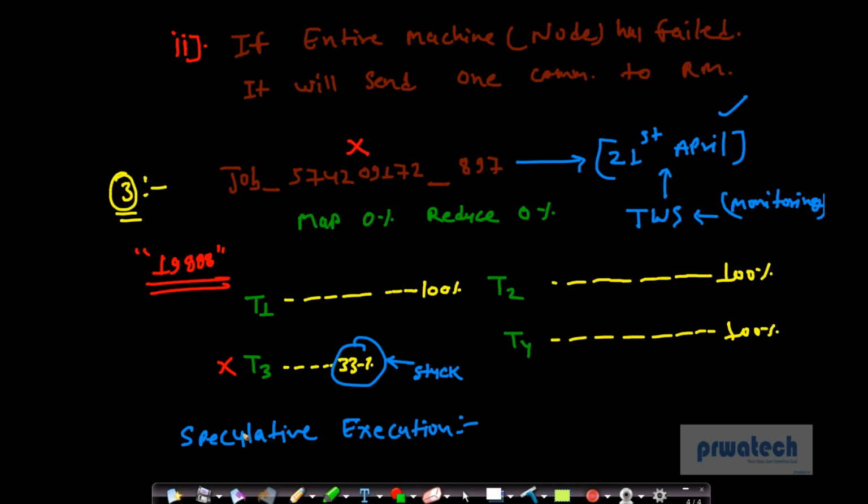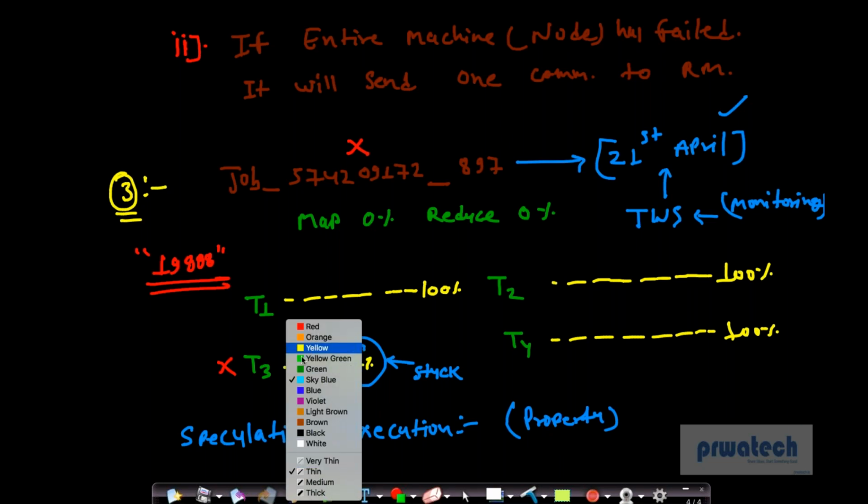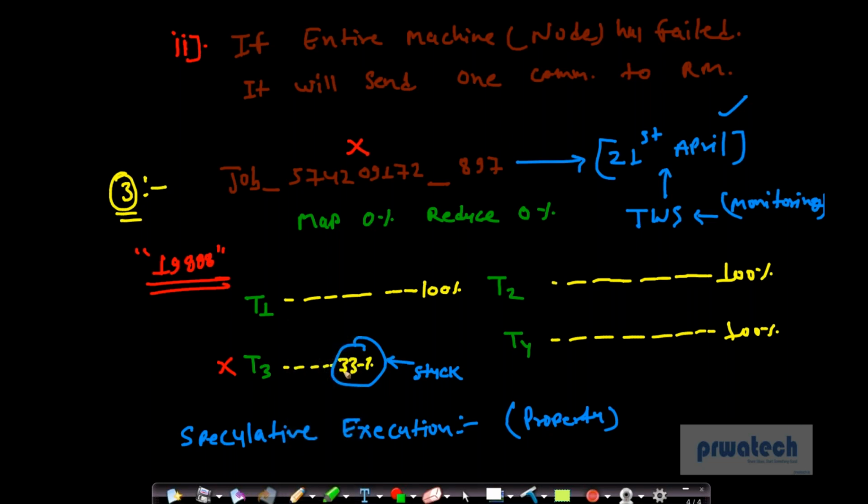It will wait for some time, whatever time you have given in the property file of the resource manager. Let's say you have configured that if any task is stuck and not progressing from its previous percentage for the last 10 hours.